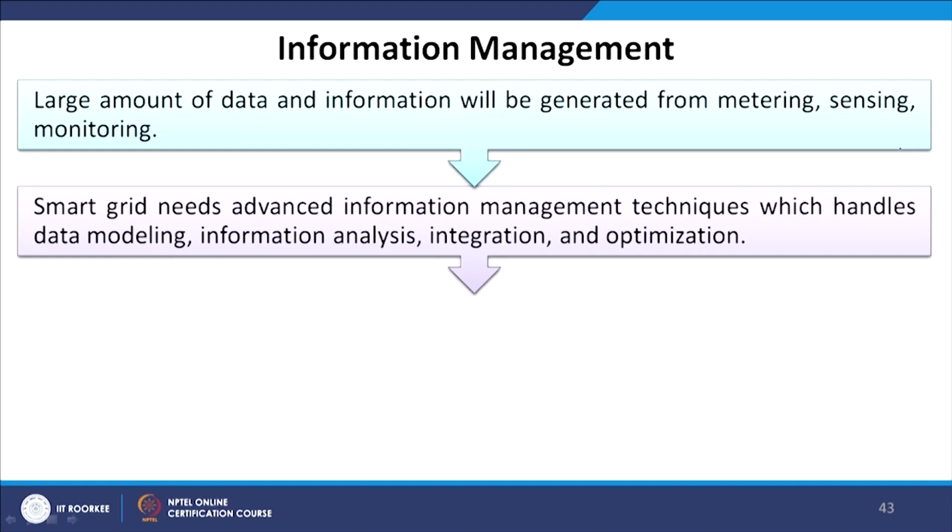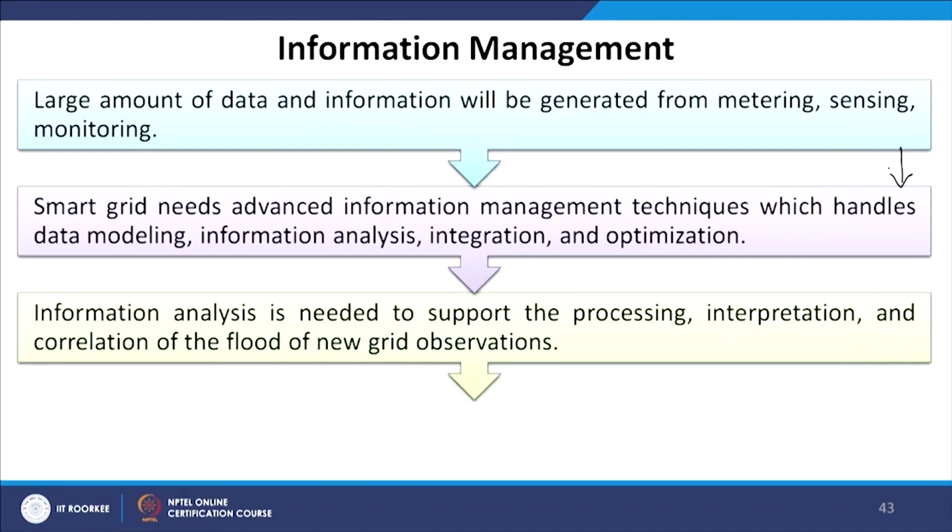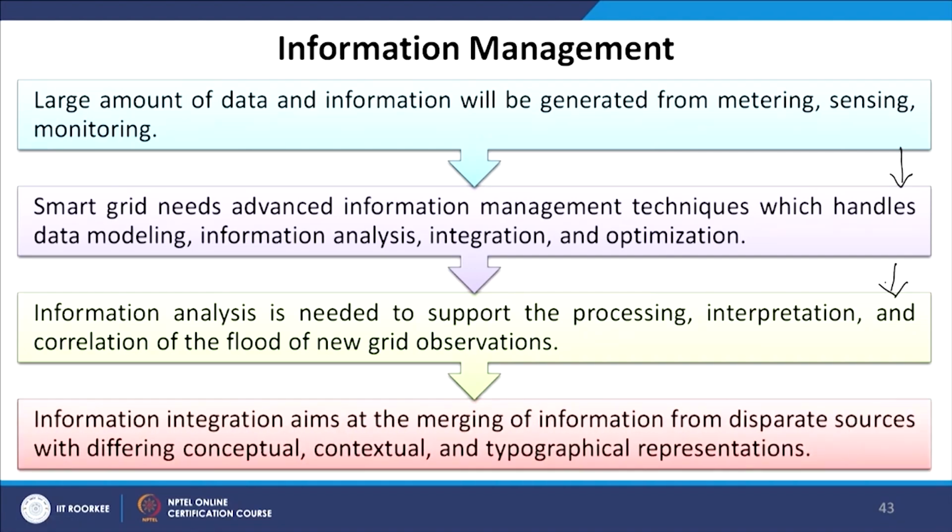So, all the data are being transmitted to the second level, and further we can say that information analysis is needed to support the processing, interpretation and correlation of the flood of new grid observations. And finally, information integration aims at the merging of information from disparate sources with different conceptual, contextual and typographical representations.